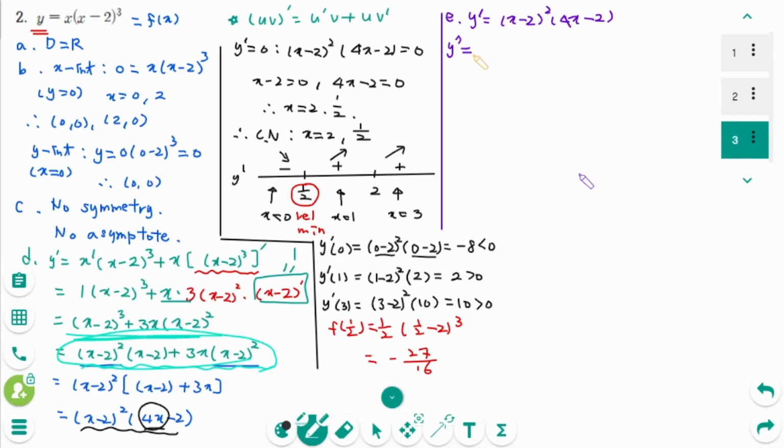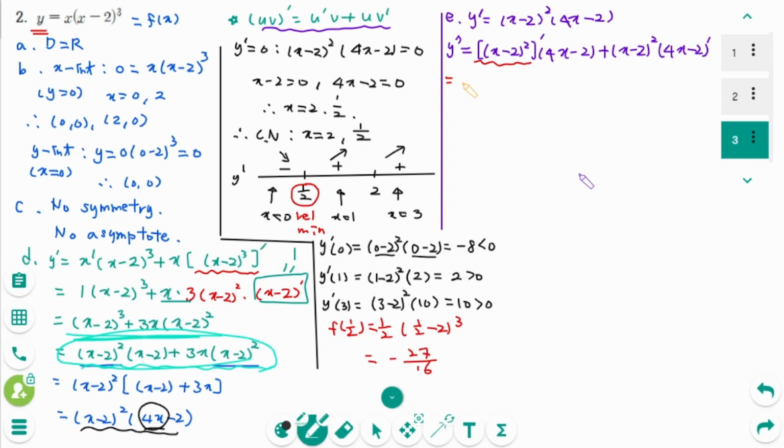Then y second prime is, use the product rule, ((x minus 2) squared) prime times (4x minus 2) plus (x minus 2) squared times (4x minus 2) prime.